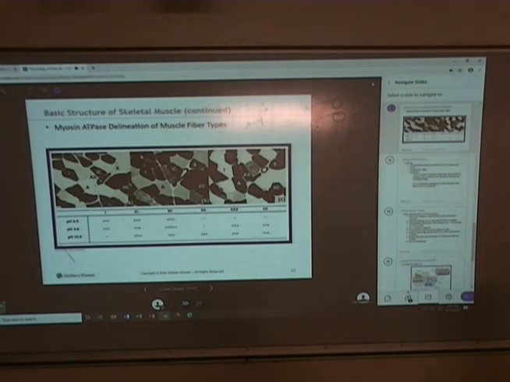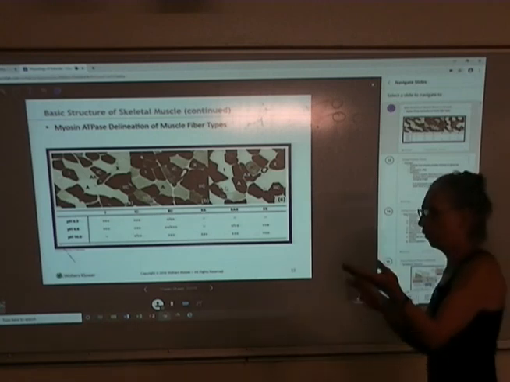All right? So, I want you to think back to that cross-sectional picture we had at the beginning. Okay? Because here, when you look at these slides, now you can see what I was saying about how one muscle can have type 1 and type 2 fibers within it. All right? Because each of these is a muscle fiber. The muscle is not type 1 or type 2.